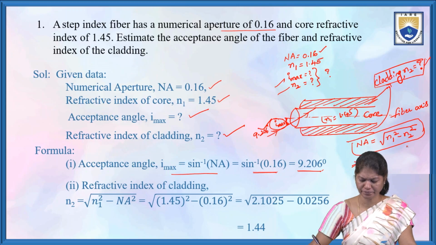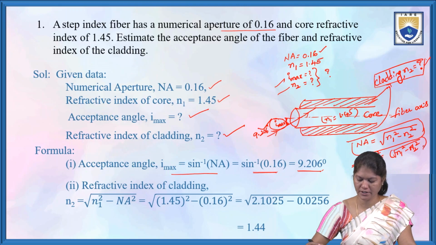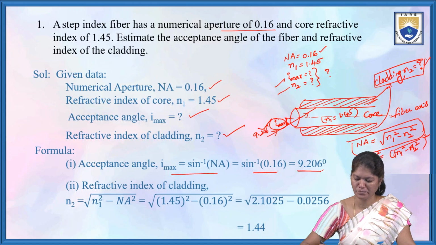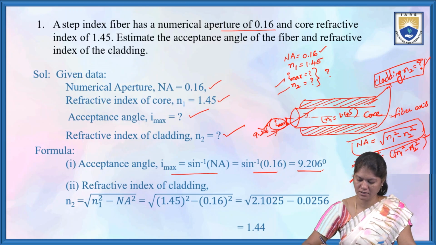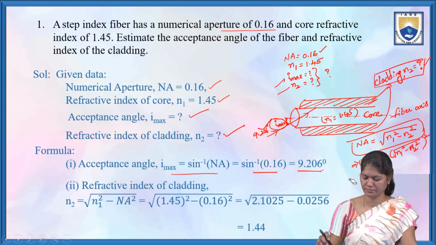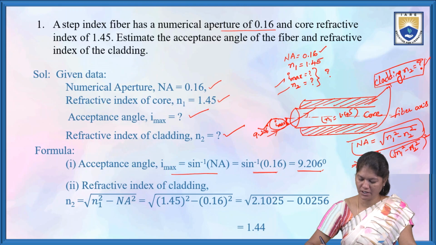Squaring, NA square is equal to N1 square minus N2 square, so N2 square is equal to N1 square minus NA square.